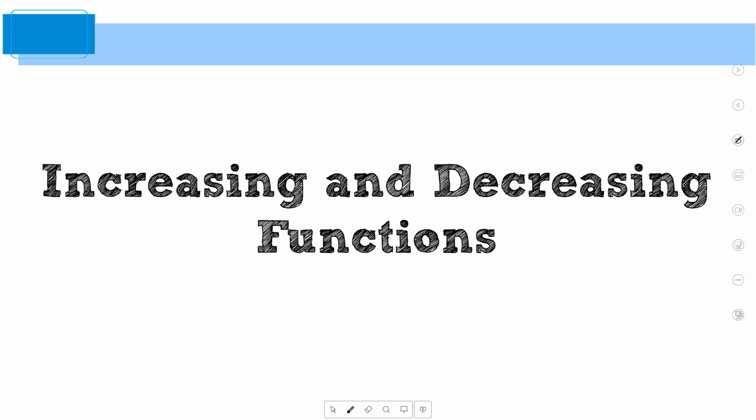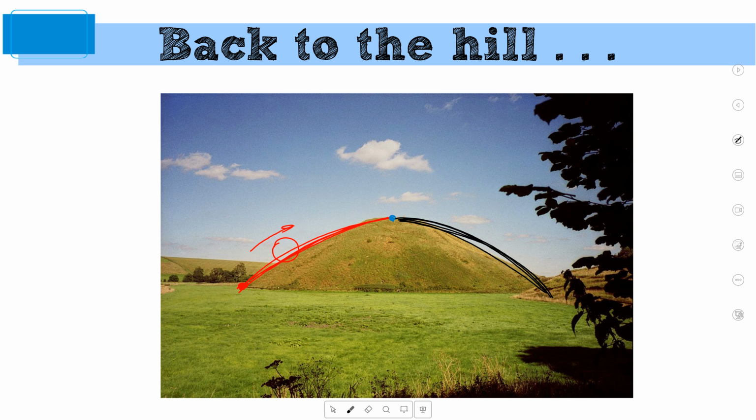How do we know where a function is increasing and decreasing? Well, if we go back to what Helene and Mav told us, in that red region, the tangent lines have a positive slope. And it's increasing. Well, how do we know if it's increasing? That's where the tangent lines have a positive slope. In other words, the derivative is positive.